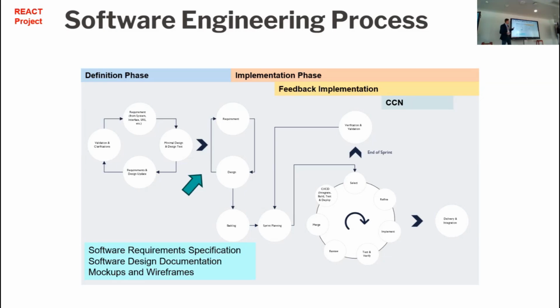And so we did this at the very beginning here in this definition phase, where we looped through talking, putting it in a graphic, maybe taking a risk, getting the requirements out of that, and then also some design elements. And so this was actually at the beginning of the phase, where we also ended up still having a software requirements document and also software design documentation to really say this is basically where we build up.